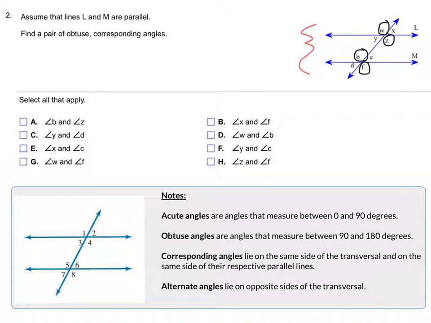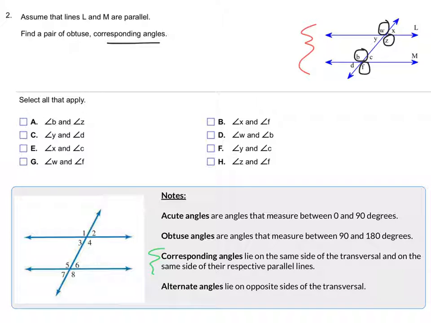Next, I want to select the pair of angles that are corresponding. If we go down to our notes, corresponding angles lie on the same side of the transversal and on the same side of their respective parallel lines. So they have to meet two conditions.